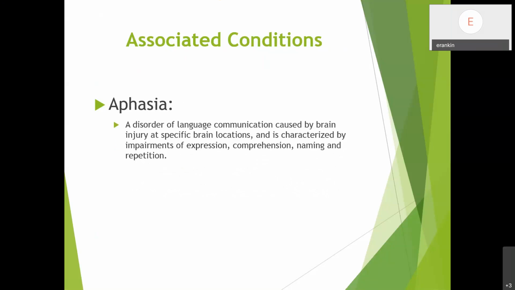There are essentially 8 different types of aphasia based on deficits in any one of those 4 areas. The big ones are an expressive aphasia, which means you have impairments of language and speech, and can't repeat and have naming problems, but generally those folks can understand very well.